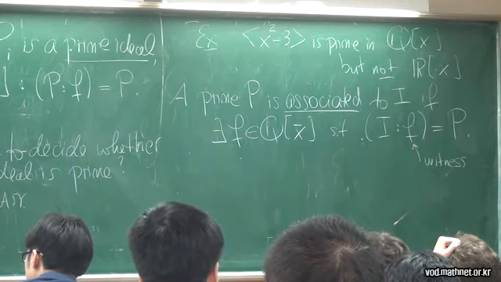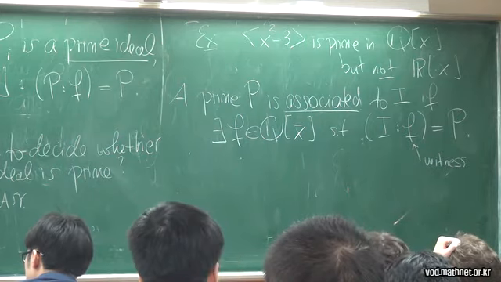Let's do an example in one variable. Okay? Suppose we're in one variable and my ideal is x to the fourth minus x squared. So in one variable, every ideal is a principal ideal because the polynomial ring is a principal ideal domain. And in my technical school, all rings were principal ideal domains, and therefore all prime ideals were maximal.